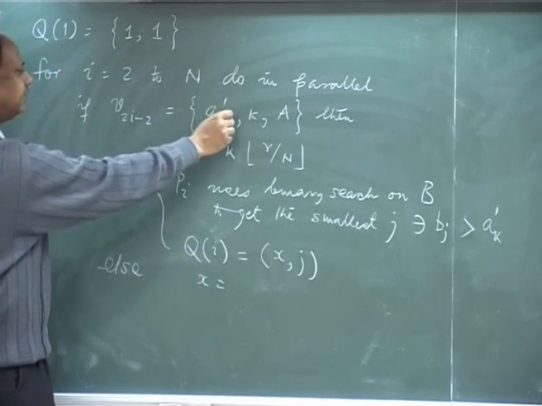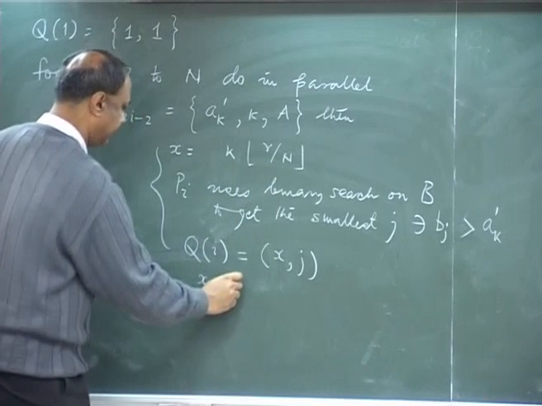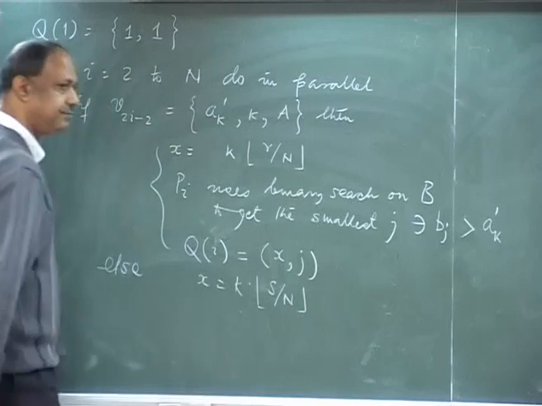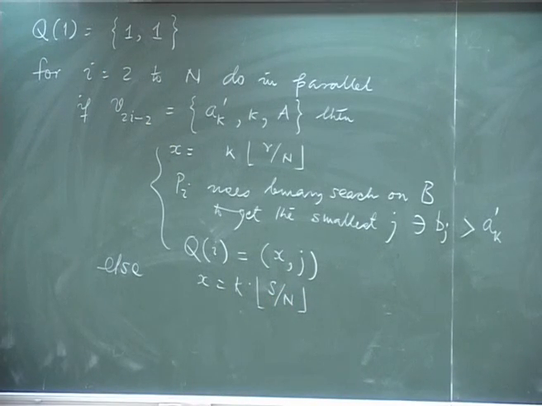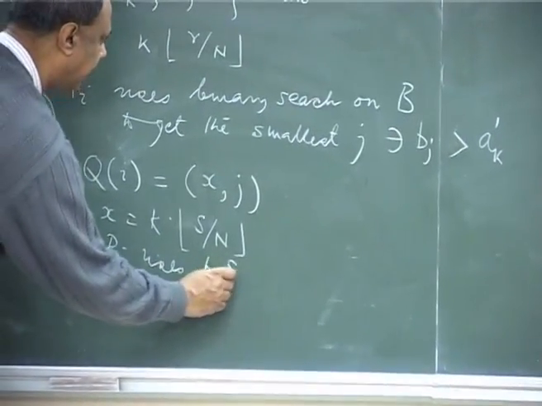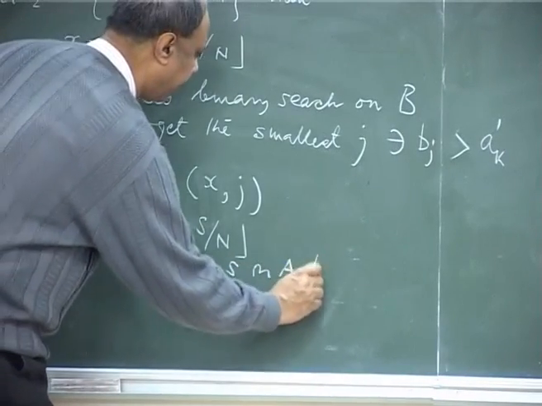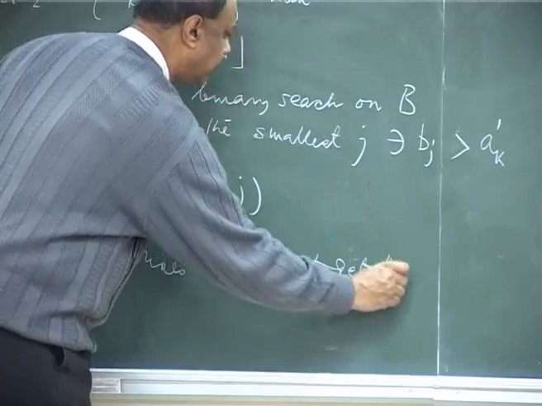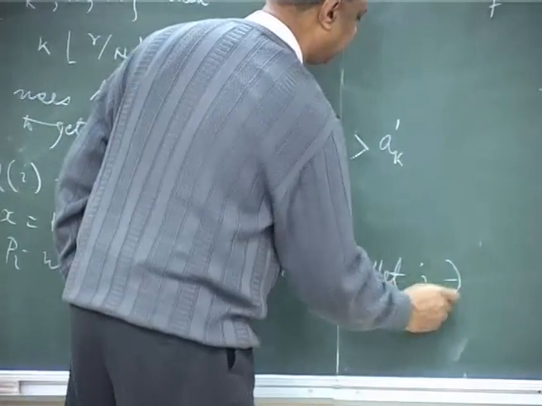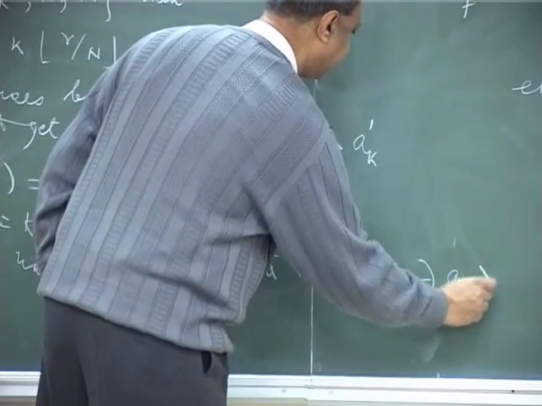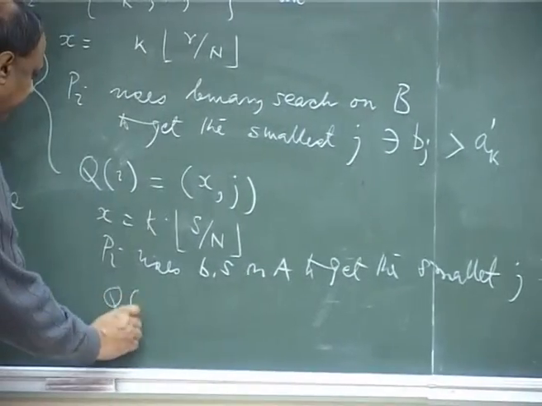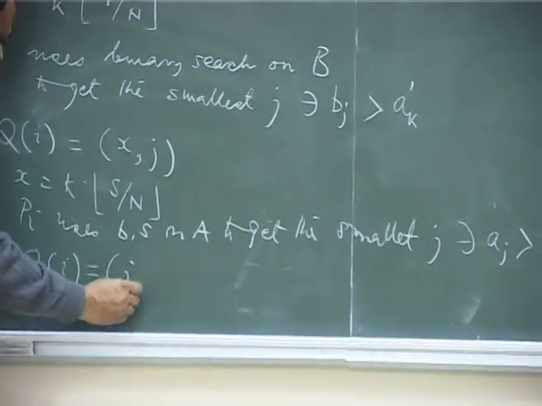This is B_k'. And P_i uses binary search on A to get the smallest j such that A_j is greater than B_k', and you will be defining your Q_i equal to (j, x).